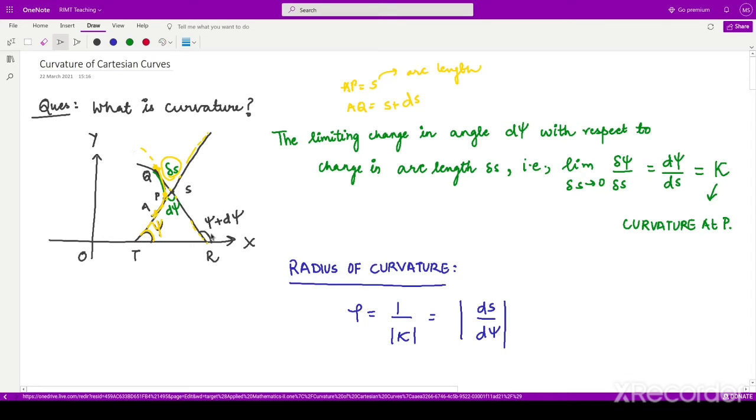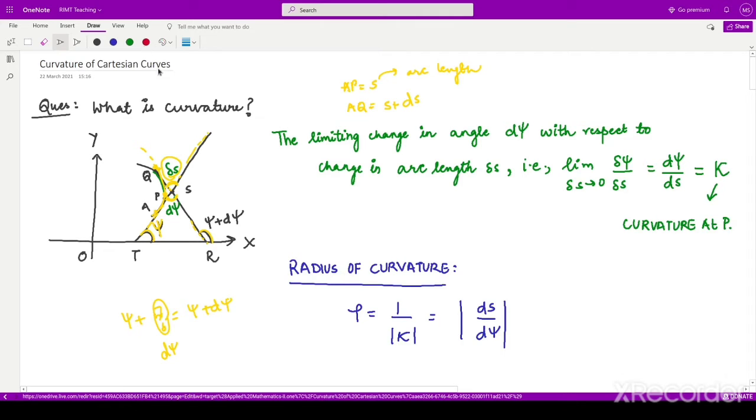So this line makes an angle of say psi plus d psi. So what is this angle? This angle would be d psi according to the exterior angle property. So this angle is d psi. So this angle is also d psi.